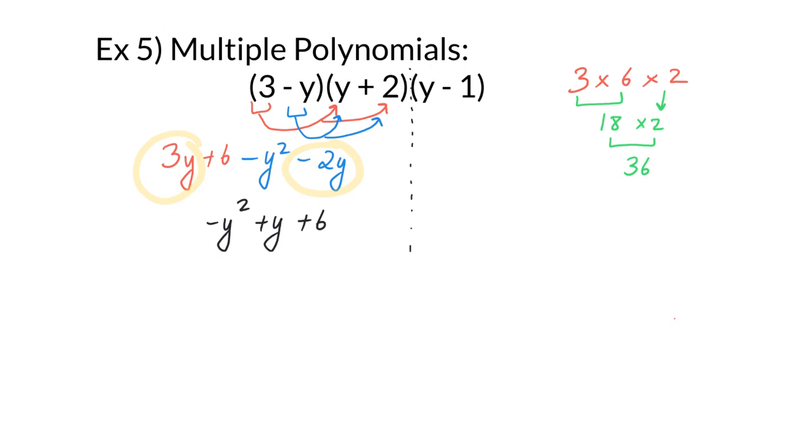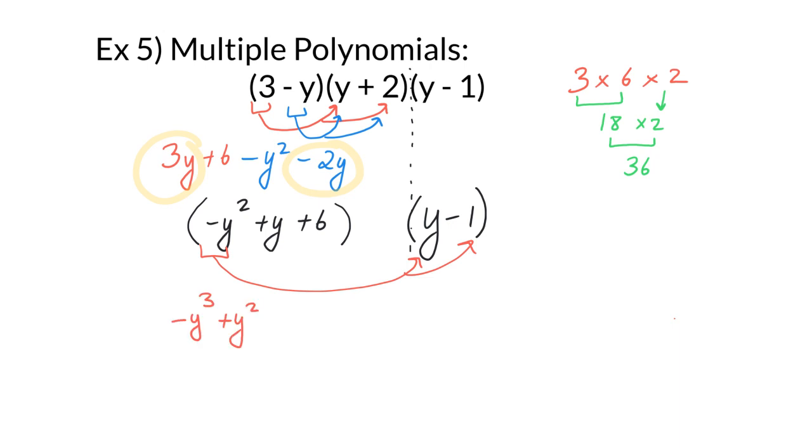I've simplified the first 2 brackets, but there's still a third one. So I'm going to put this in brackets. I'm now going to bring down the next bracket. Now I have a trinomial times a binomial. So I take my first term and I distribute.